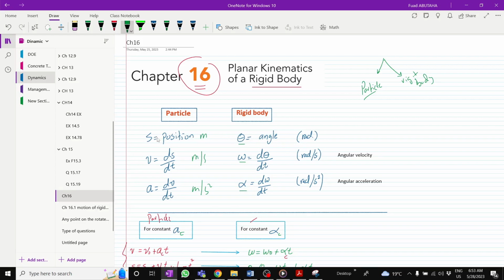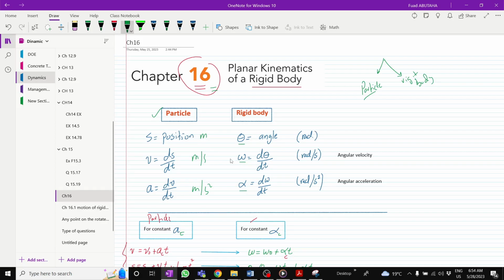So theta is similar to the position, omega is similar to the velocity, and alpha is similar to the acceleration. This is for the questions related to the particles. But for the questions related to the rigid body in this chapter, we use these when we consider the size and the shape of the body. Theta is the angular position and the unit is radians.